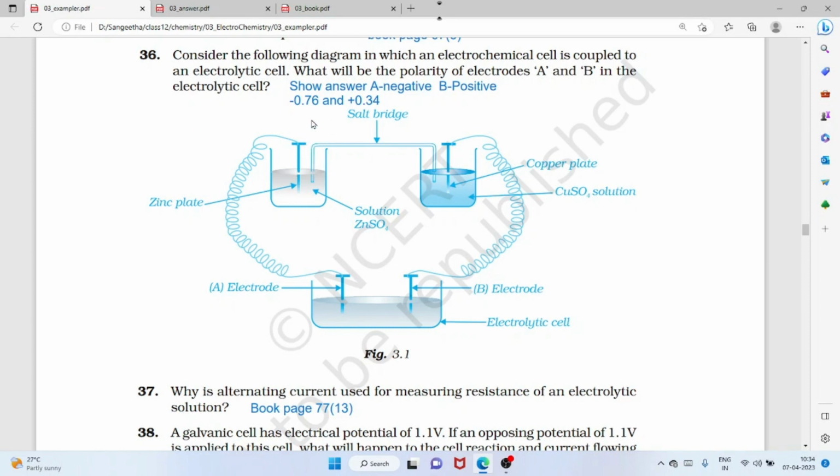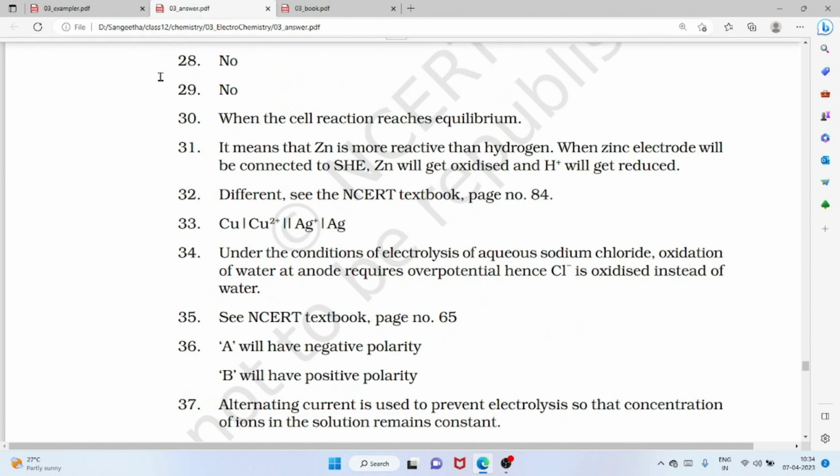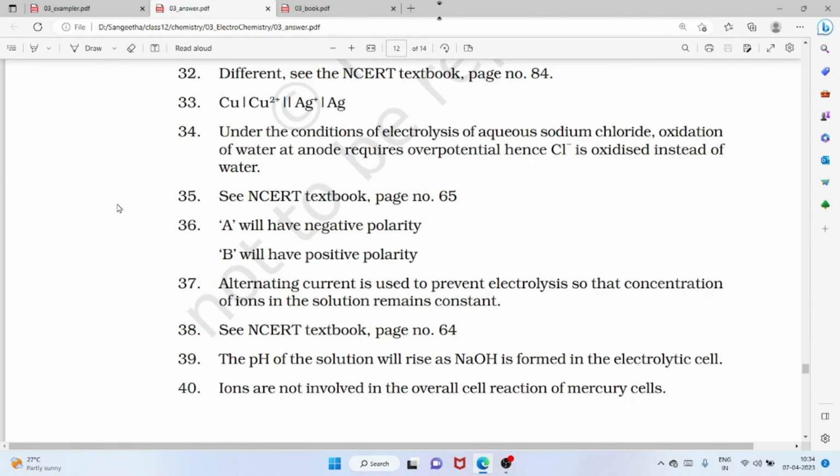You will get negative 0.76 for the zinc electrode A and 0.34 for B. So you get negative polarity on this side and positive polarity on the other side. A will have negative, B will have positive.